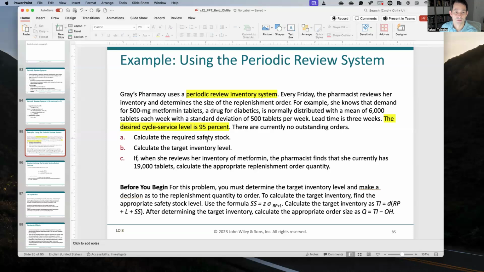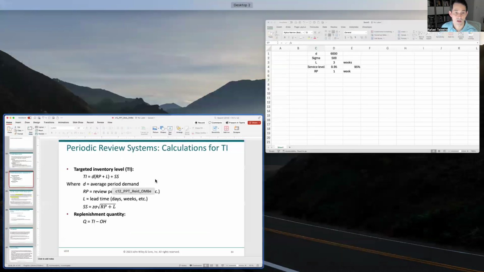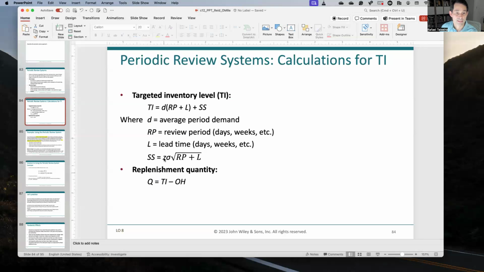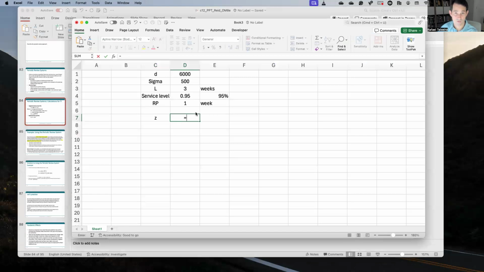Now what I have to do is calculate the required safety stock. Let's take a look at the formula for safety stock. I need to find the Z value. To find the Z value, we use the standard normal distribution.